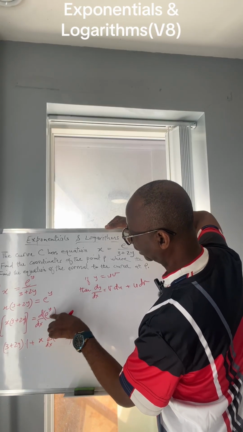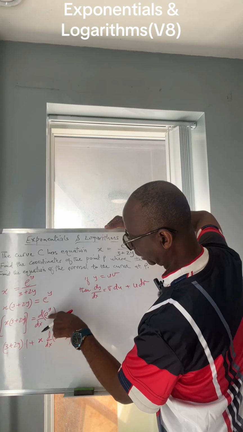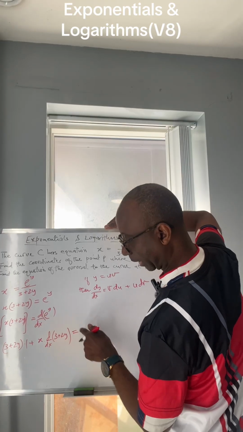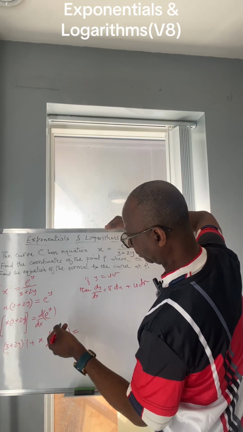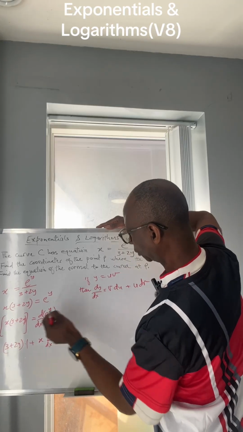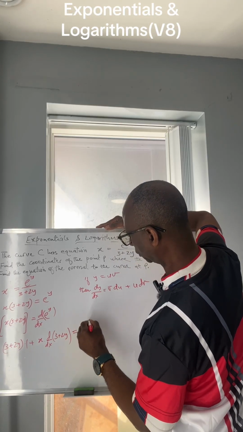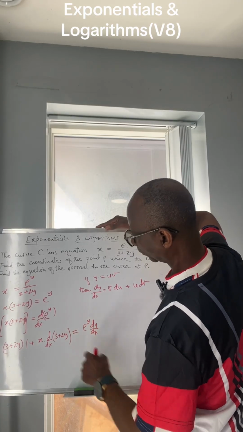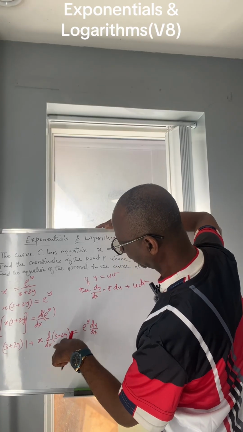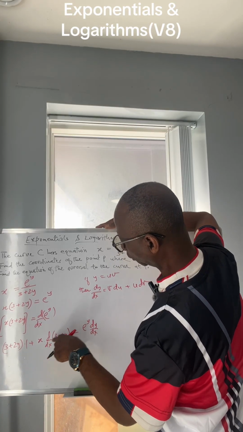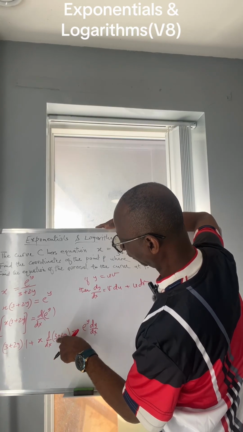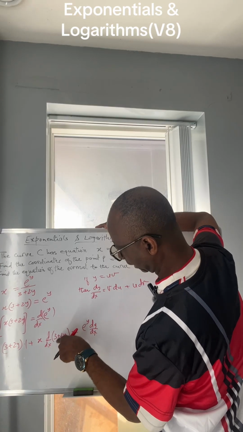When you differentiate this exponent, e raised to the y, you always get e to the y, times dy dx, because you are differentiating with respect to x. The 3 doesn't have anything to do; it's a constant.